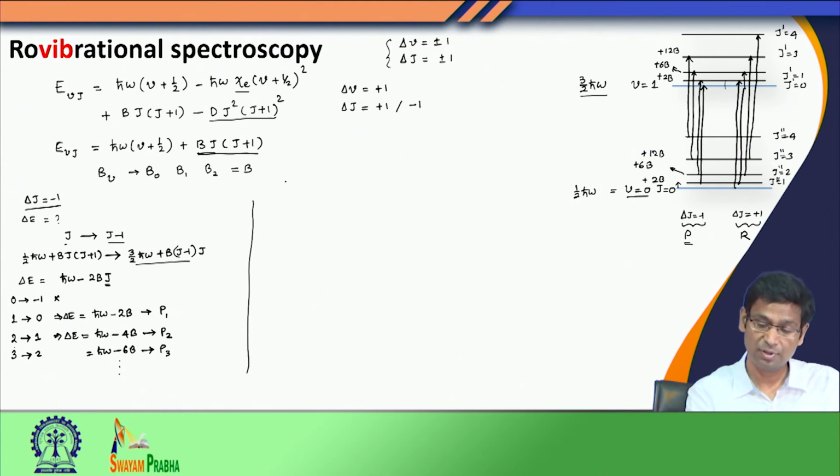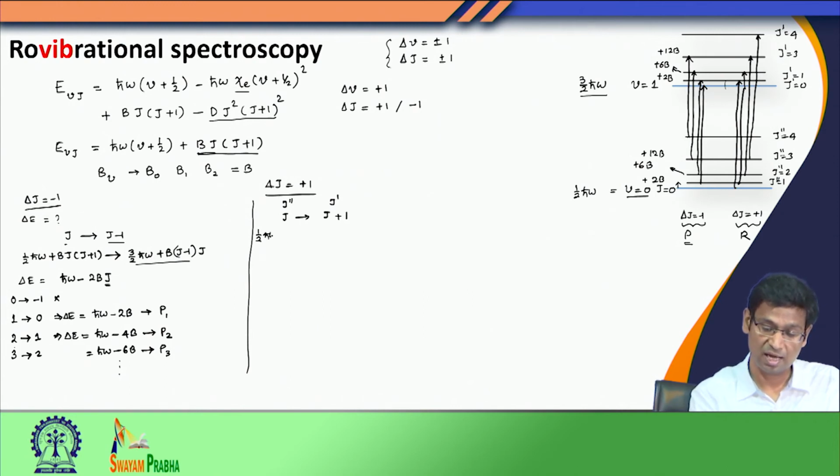Let us consider now delta j equals plus 1. When I have delta j equals plus 1, that means I am going from energy level j to j plus 1. So this is j double prime, this is j prime, the initial state is j, the final state is j plus 1, but you remember that we are talking about the final state being the rovibrational state of the upper vibrational level. So let us find out the energy.